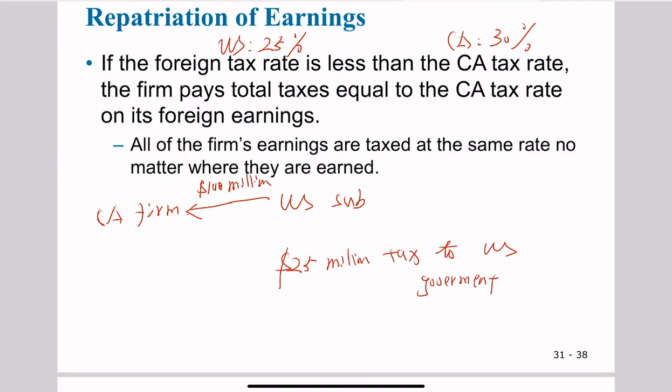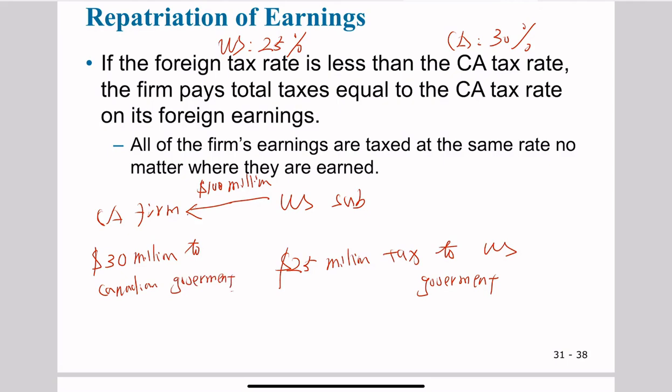And after repatriating $100 million back to Canada, right? In this case, supposedly, the firm needs to pay $30 million of tax to Canadian government.